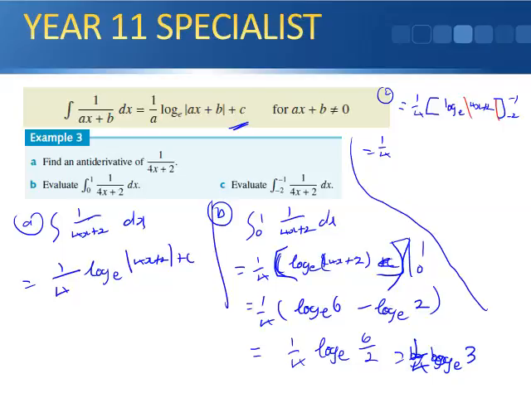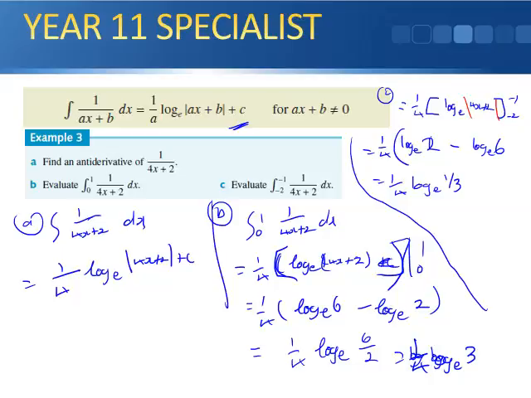So I get the quarter in there. -1 being -4 plus 2 is -2, so I have log e of 2, minus, that will be -8 plus 2 is -6, log e of 6, which is going to be a quarter log e of 1 over 3.